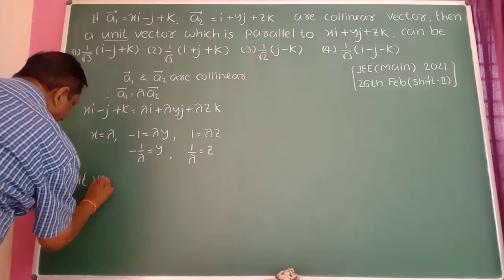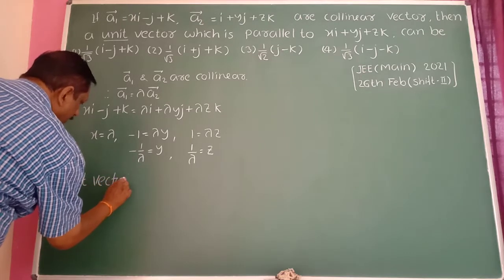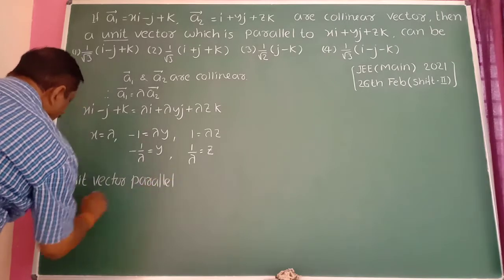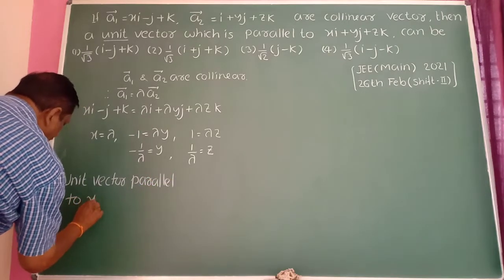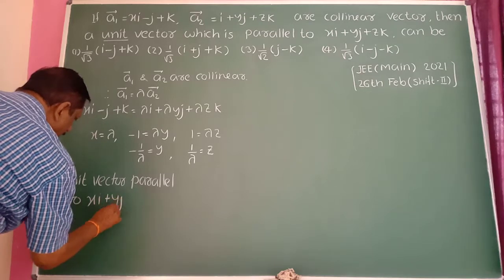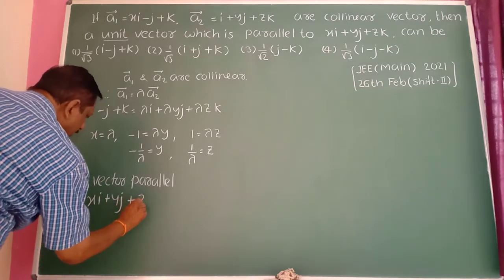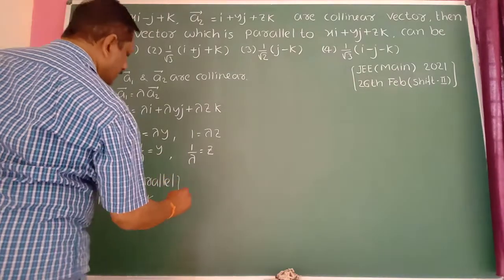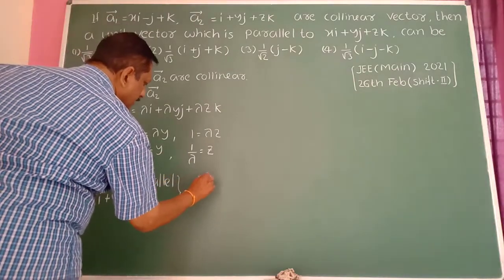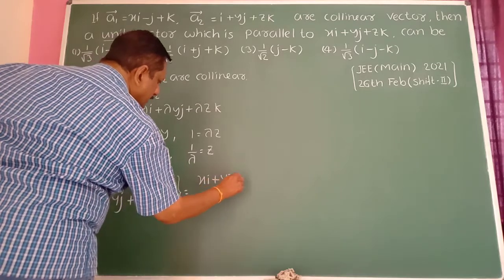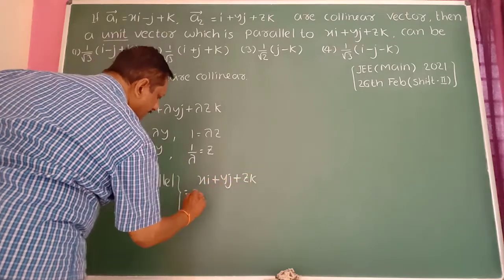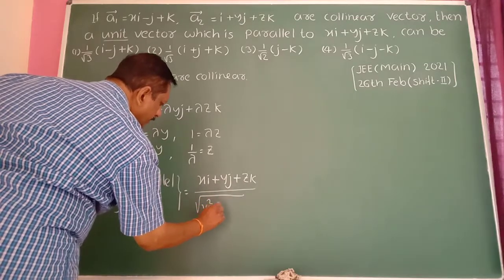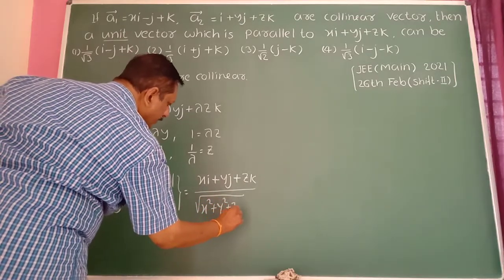So the unit vector parallel to x into i plus y into j plus z into k is xi plus yj plus zk divided by root of x square plus y square plus z square.